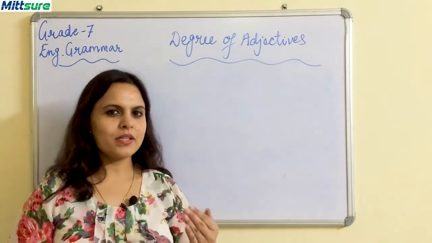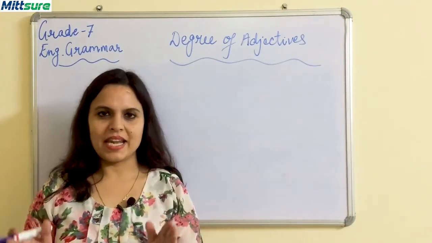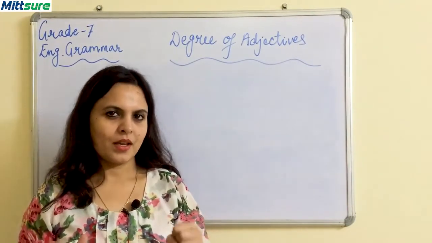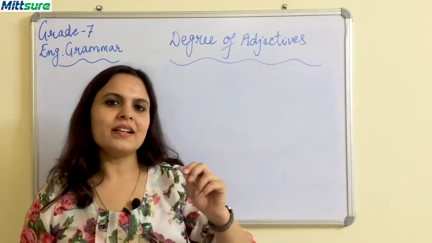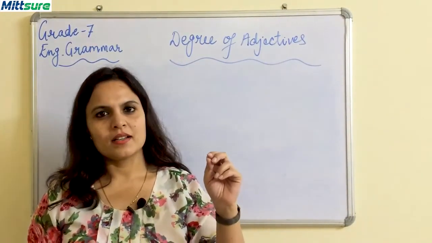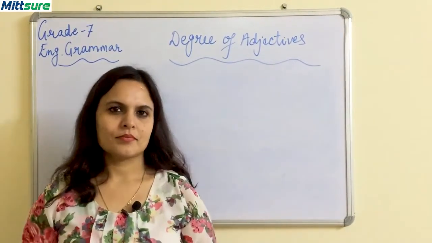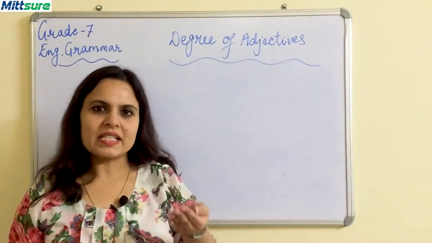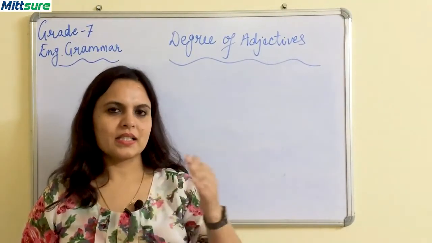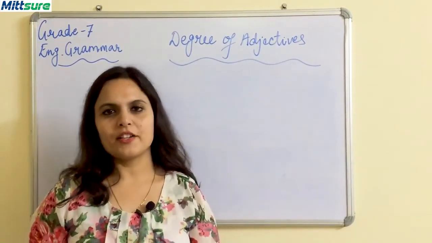So, degree, what is a degree? It means that it is staying at one place first, that is the positive one. When we increase the intensity of that word by adding a group of letters into it, as in a suffix, right? And the intensity is a little higher, then we say that this degree is a little higher than the positive degree, which is staying, hence it is actually the comparative degree.